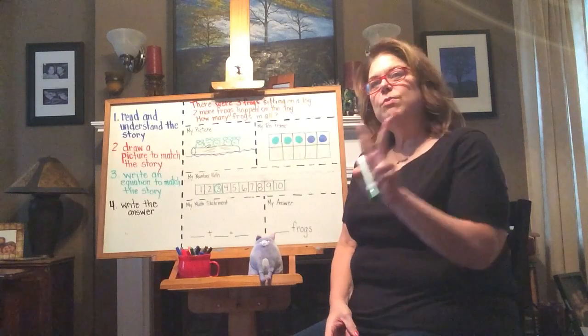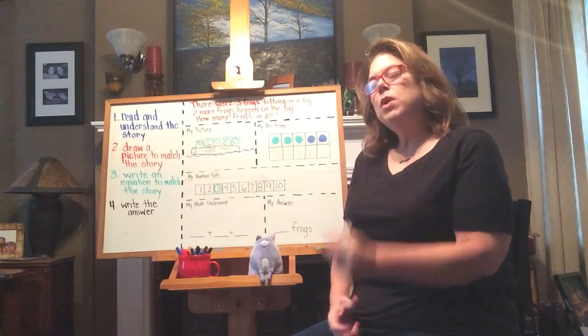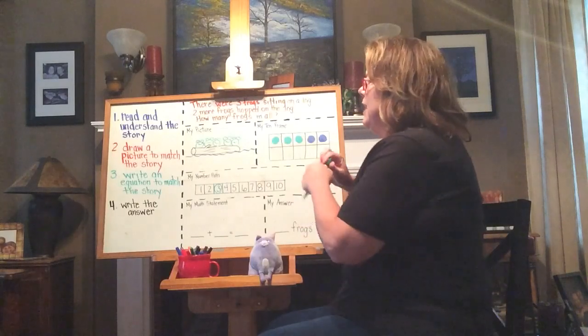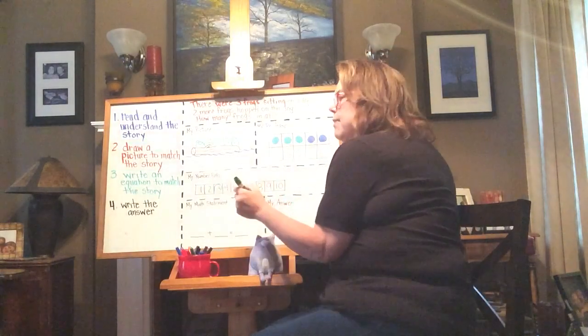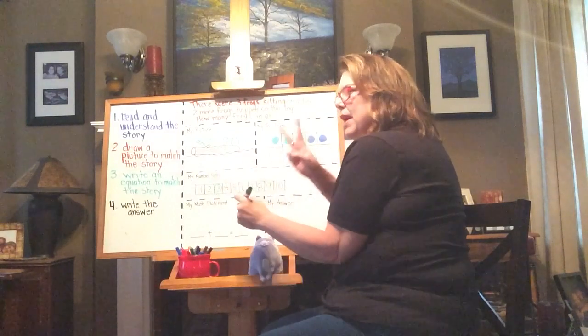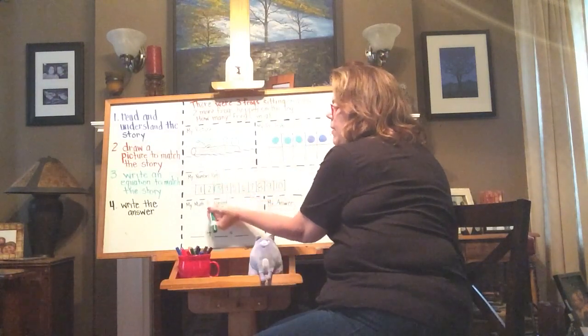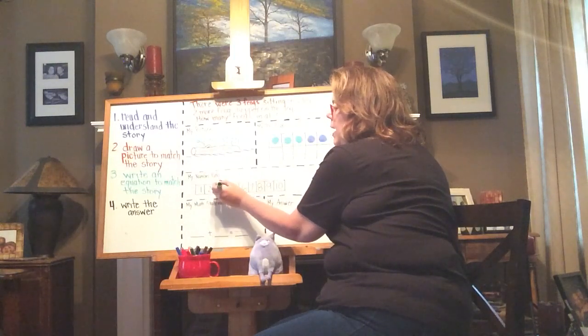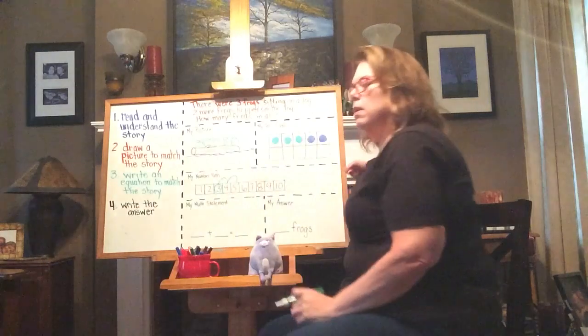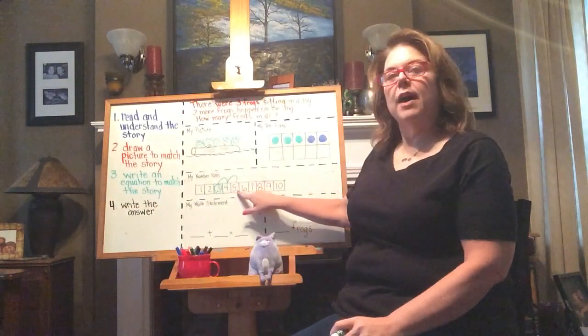And now we said 2 more frogs hopped on that log. So what I'm going to do now is show you how to use this number line to get 2 more on there. So you're going to start at the number 3, and we're going to hop 2 more spaces to show that 2 more came on. So watch what I do. I put my pencil right here at the number 3, and I go 1, 2. And I ended up at the number 5.